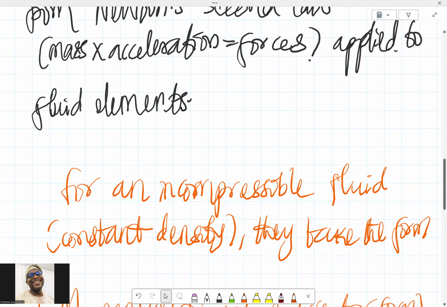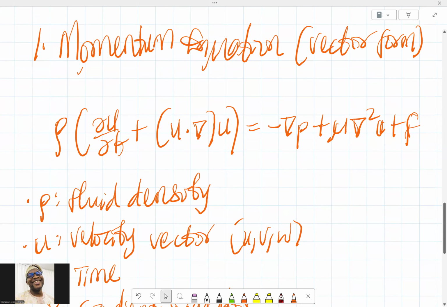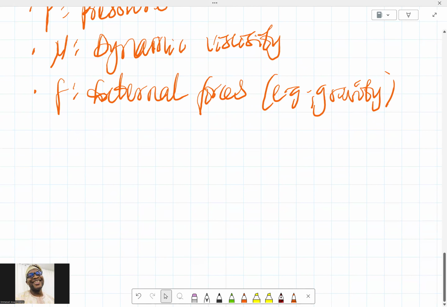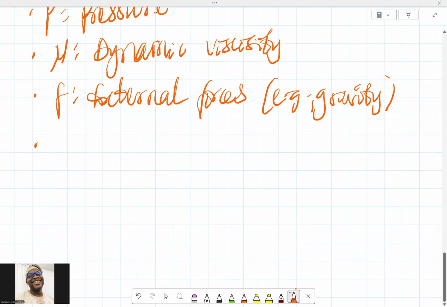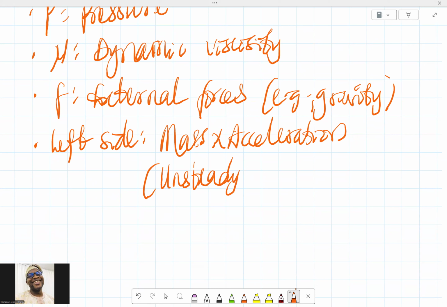That F makes the expression non-homogeneous, meaning it's some kind of external forcing. If you look at the left-hand side, that's where you have mass times acceleration, which is the same thing as unsteady plus convective terms.